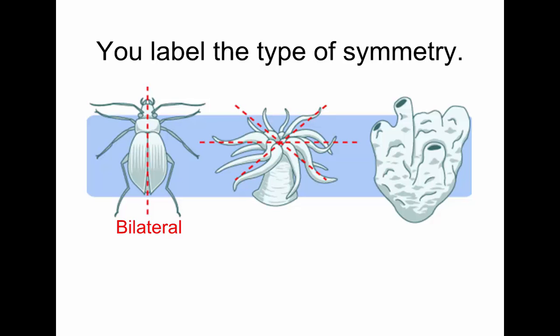Ethan, how about this sea anemone? Look back if you need it. Radial. If you look at it from the top, it's organized in a circular pattern. You could draw several lines splitting in equal parts.